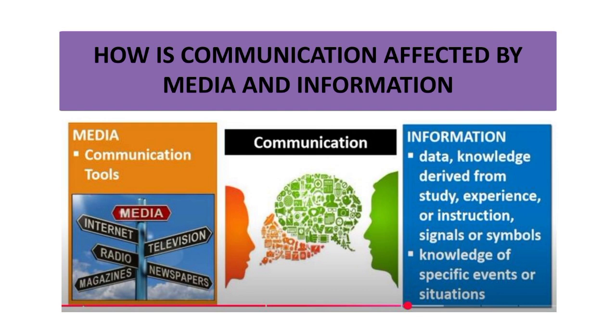So the media is the one that is used to spread information. Then the information is the context or the content of the media. So the communication is affected in a way that the media and the information are not used properly and effectively.